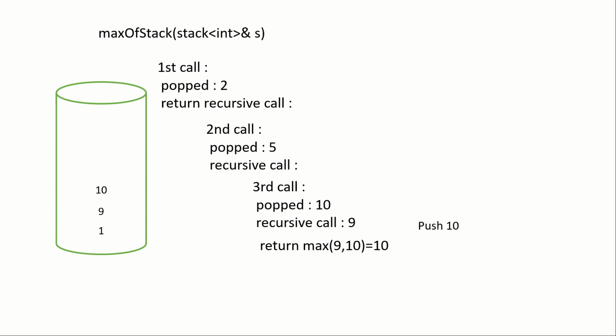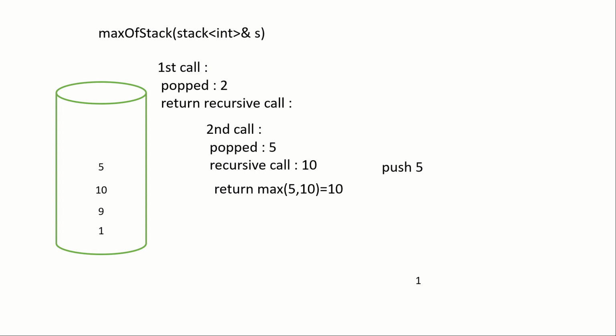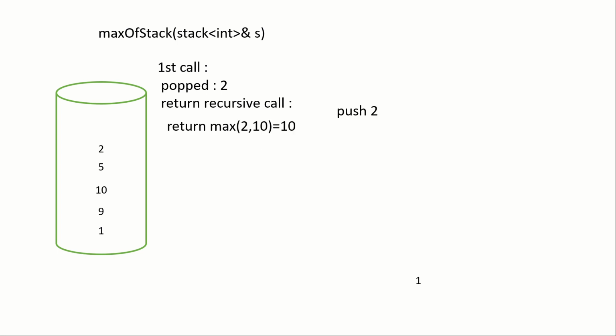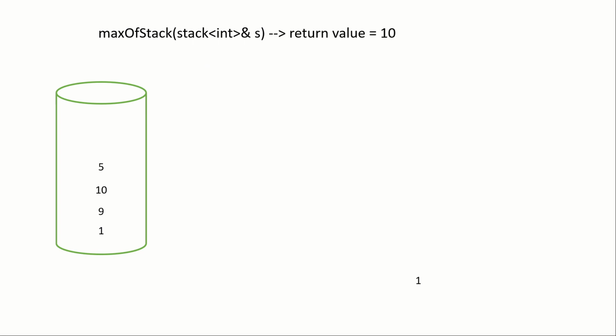Then push 10 and compare 10 and 9, return 10. Then push 5 and compare 5 and 10, the maximum is 10, so return 10. So push 2 and return the maximum of 2 and 10, the answer is 10, and 10 will be returned to the point from where it was called.